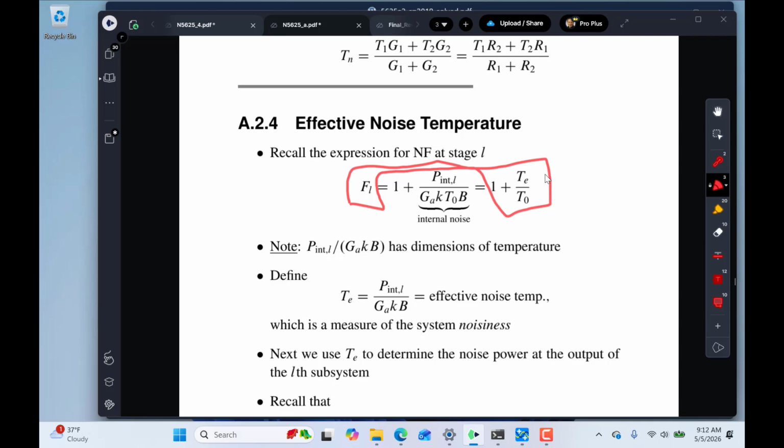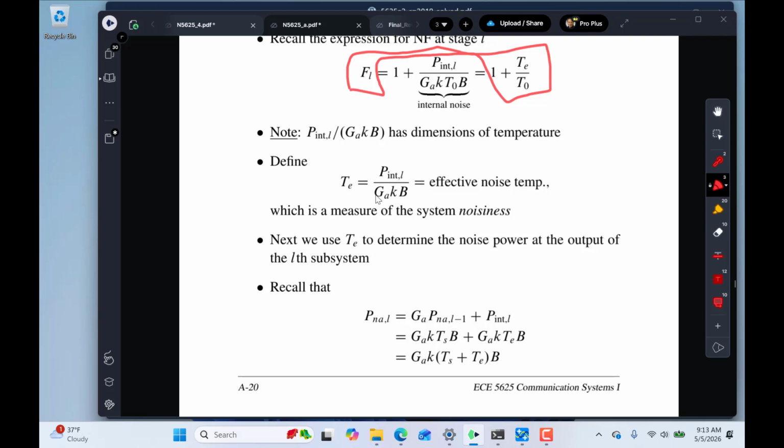So if somebody gives you a noise figure, you can calculate what the noise temperature is, or if you're given the noise temperature, you can calculate the noise figure. This is what gets used in a lot of the problems, using the red outline that I gave there to say that's how I can go back and forth. If they give it to me as temperature, I can get noise figure. If I need it as temperature, I can get it from the noise figure.